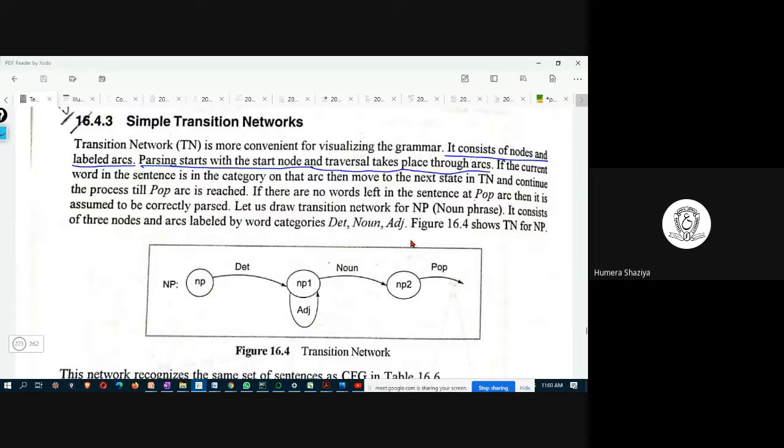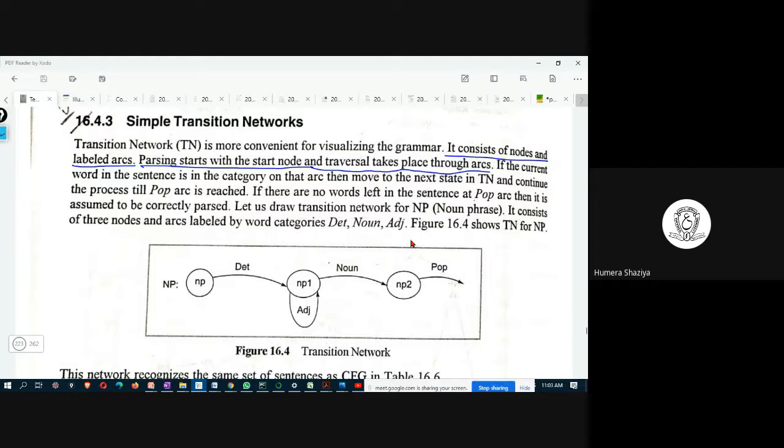This simple transition network method for the construction or building of the parse tree consists of developing a transition network. What is a transition network? A transition network is a diagram that comprises nodes and arcs.